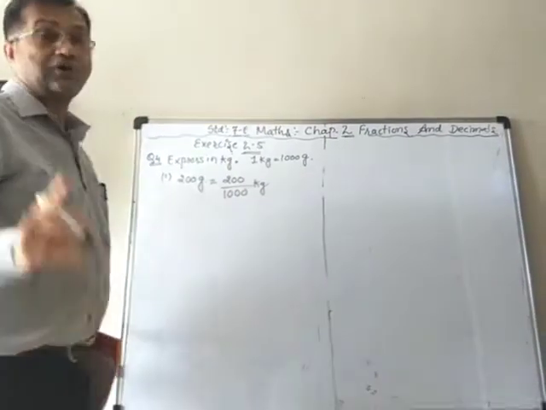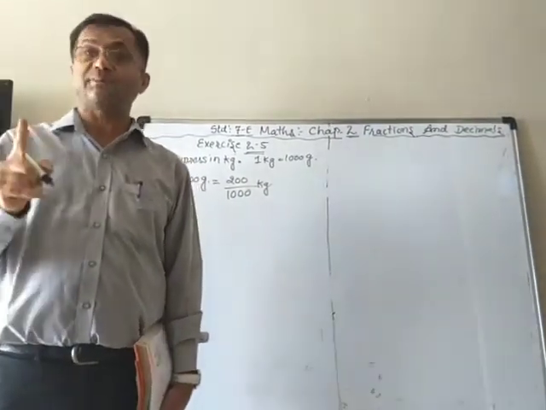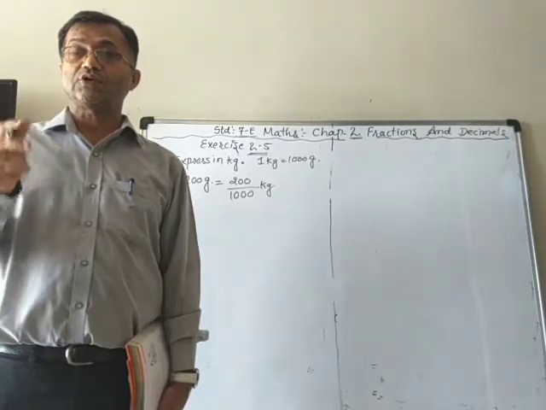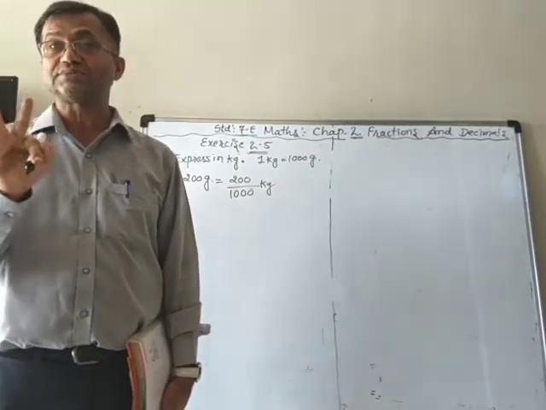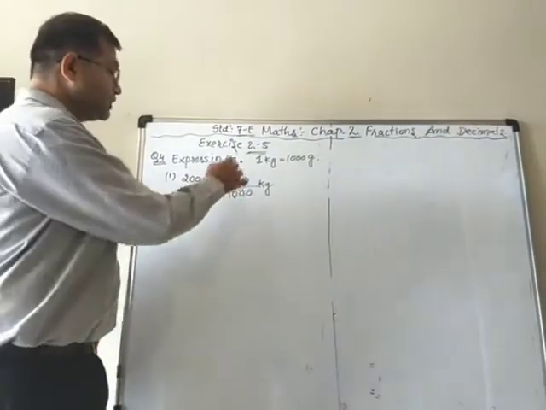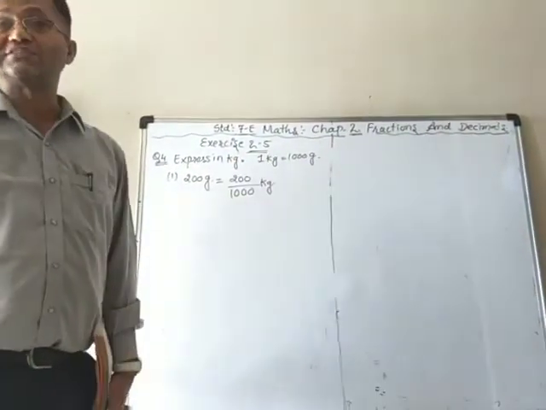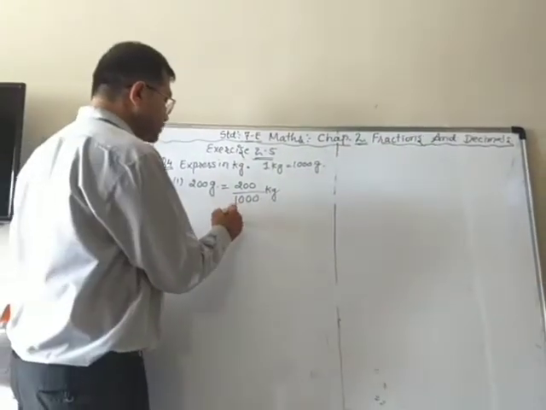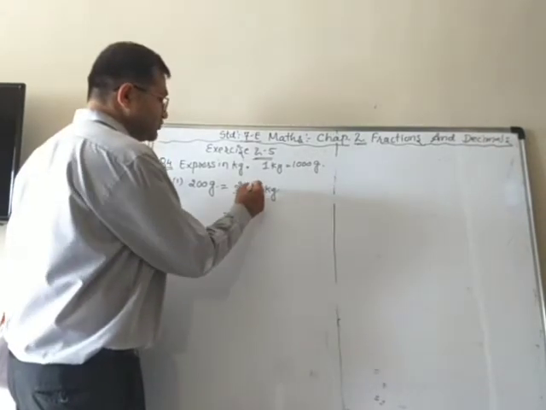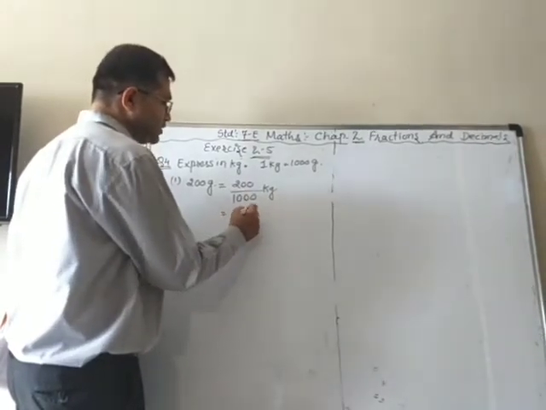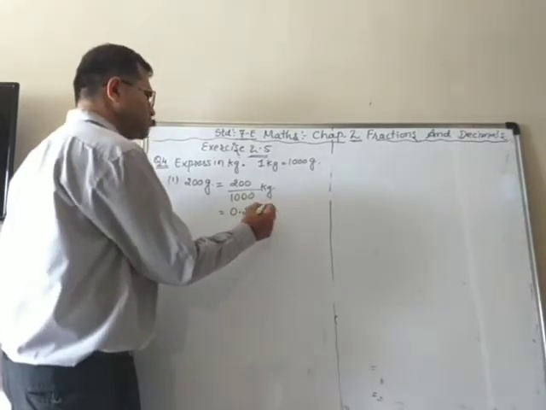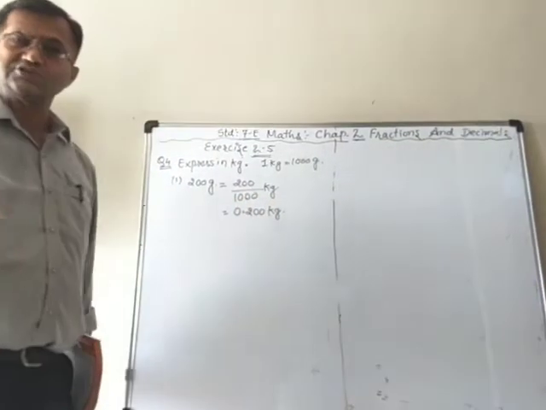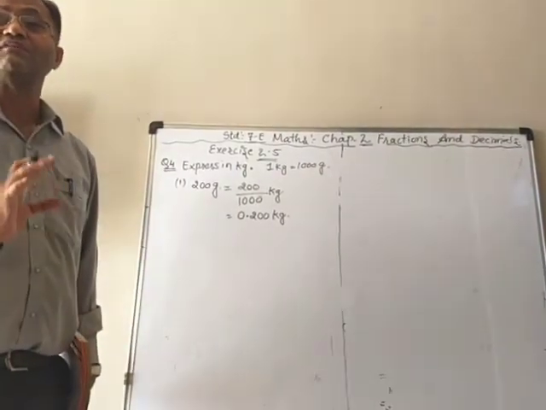Now here also, as I told you in the rupees and paise, because it is 1000, the gram will be in 3 digits, and therefore we don't have to cancel any zeros, and we have to write down 1, 2, 3 are there, therefore 0.200 kilogram.